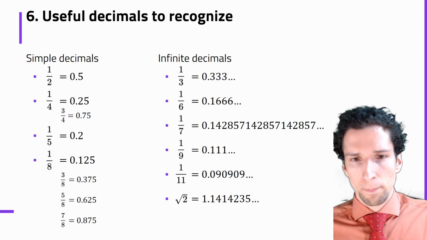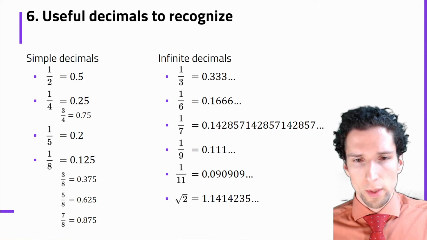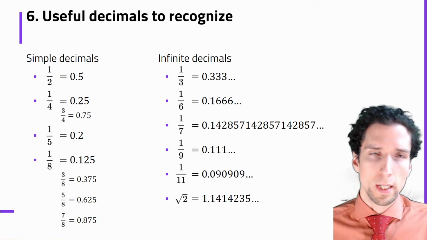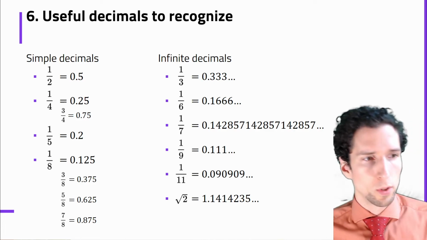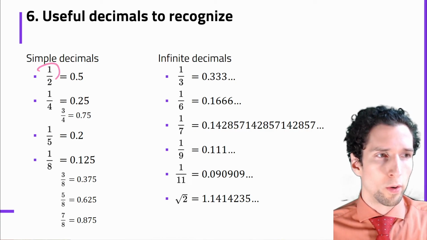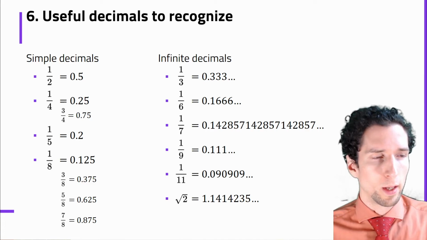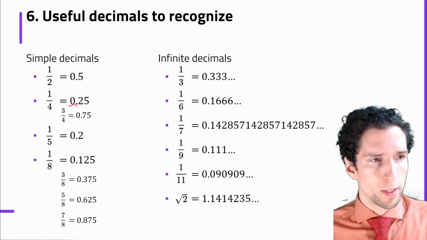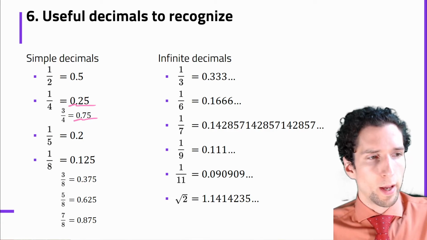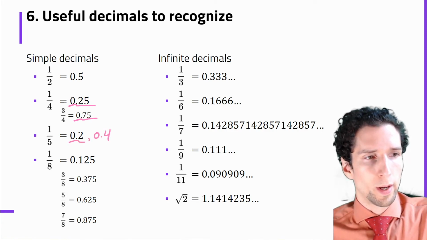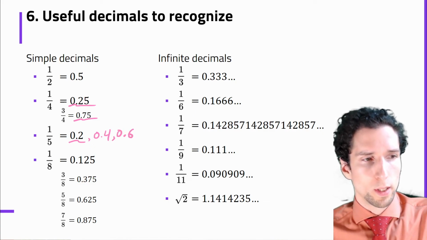All right, here are some numbers that might be useful for you to remember when going from fractions to decimals, or both directions. 1 over 2 is 0.5. 1 over 4 is 0.25. 3 over 4 is 0.75. 1 over 5 is 0.2, 2 over 5 is 0.4, 3 over 5 is 0.6.